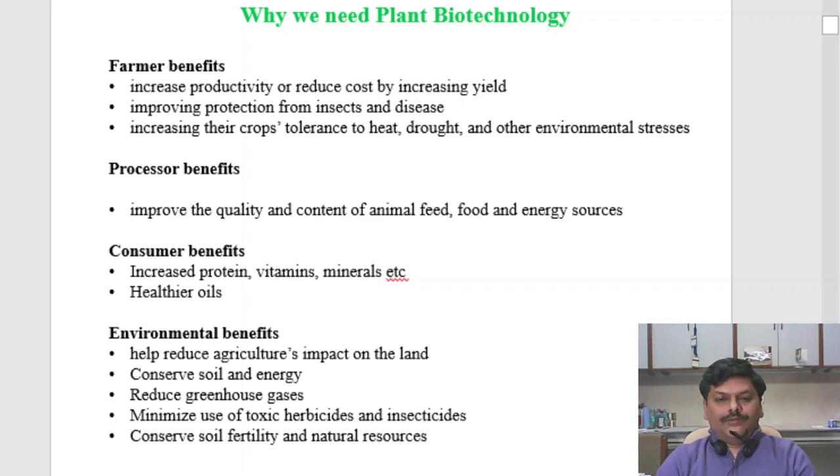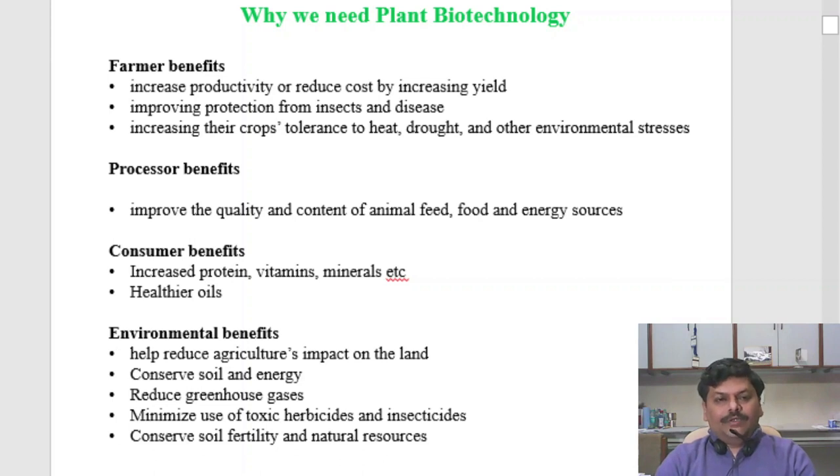If costs are reduced by minimizing the inputs, say for example in the form of fertilizers or in the form of tillage practices, if we are able to make crop plants which can better utilize the applied fertilizers, then we can indirectly reduce the cost, which would result in the increase of farmers' income.